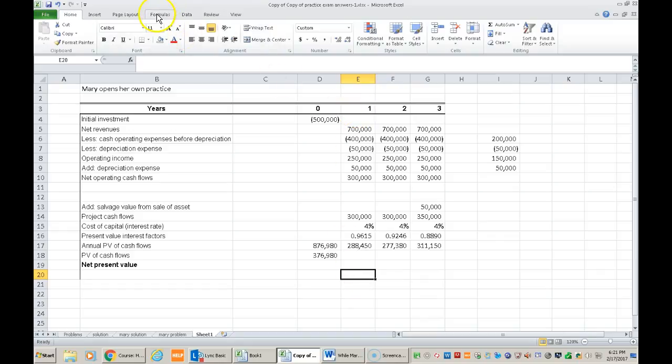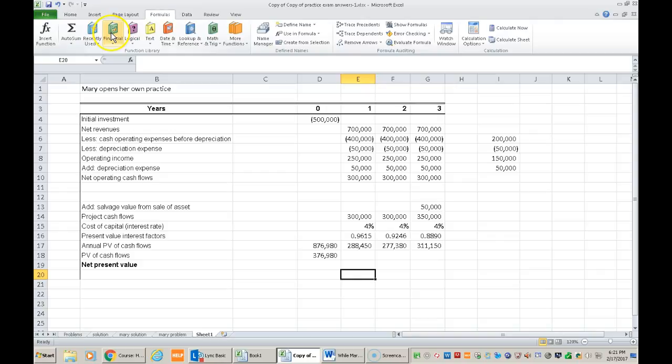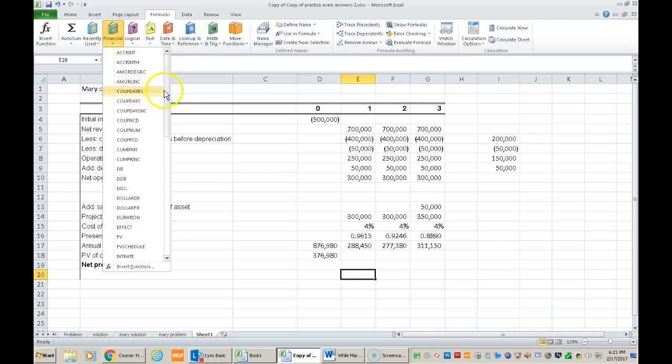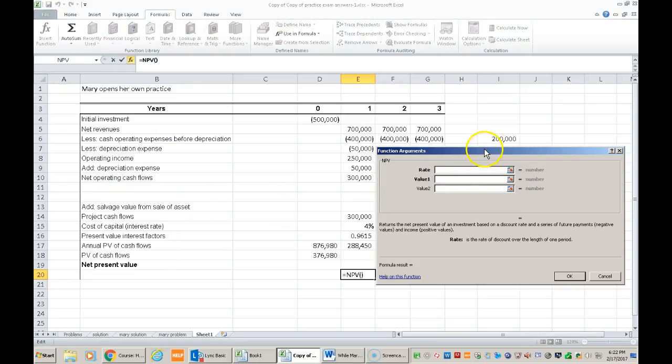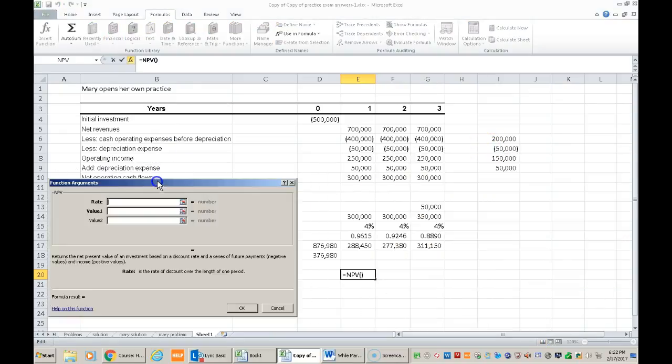The way we do that in Excel is we go to Formulas, and this is a financial calculation. So we go to Financial, and we scroll down to Net Present Value. We know our interest rate is 4%, and you need to put in the percent or it won't calculate correctly. And we know that in year 1, our net cash flow is $300,000.